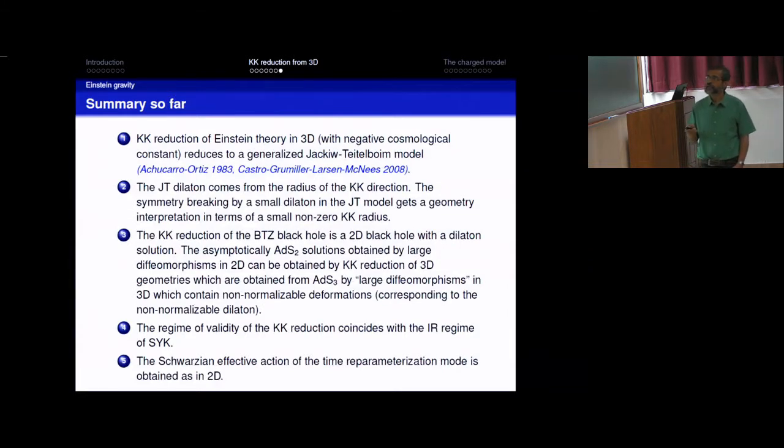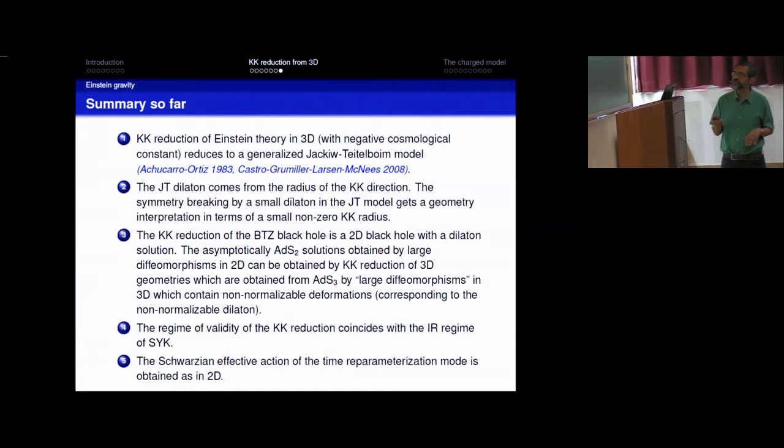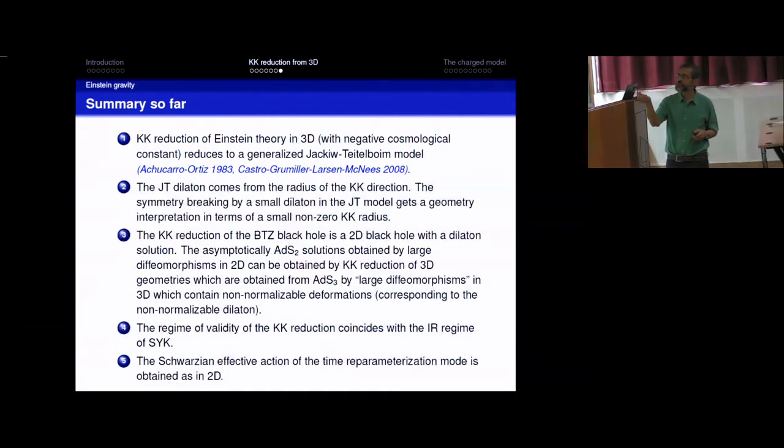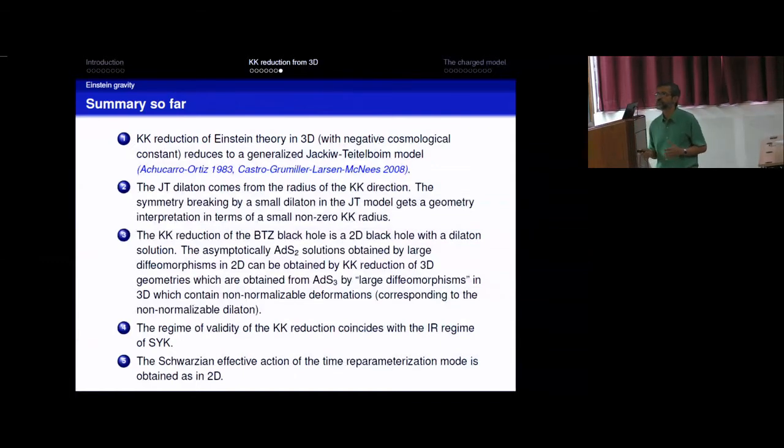It's realized a little differently than for the near horizon region of extremal black holes. Here, if you go to the zero limit of the Kaluza-Klein radius, then of course you recover the AdS2 black hole itself. But if you turn on a little bit of non-zero Kaluza-Klein radius, that's equivalent to turning on a small dilaton. So the picture is quite different.